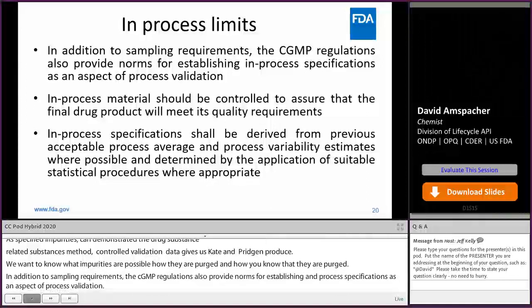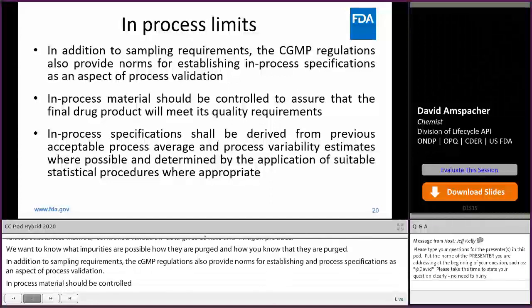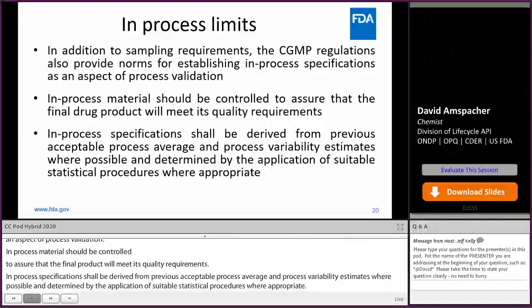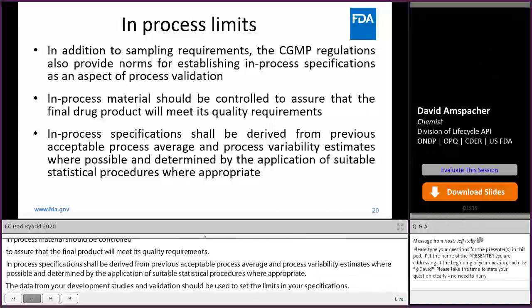In-process specifications shall be derived from previous acceptable process average and process variability estimates where possible, and determined by the application of suitable statistical procedures where appropriate. The data from your development studies and validation should be used to set the limits in your specifications. One example of suitable statistical procedures that would apply here would be 3 sigma. Also, the limits should be consistent with drug product final specifications.